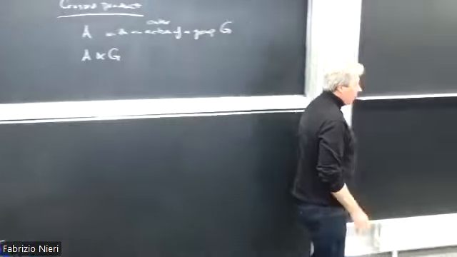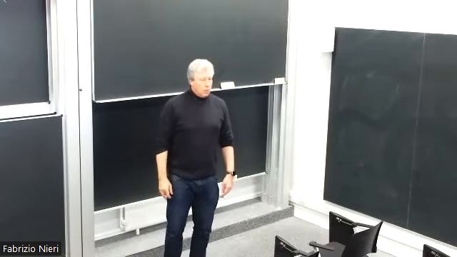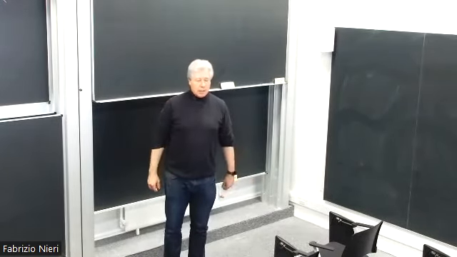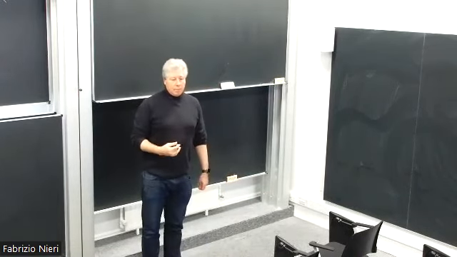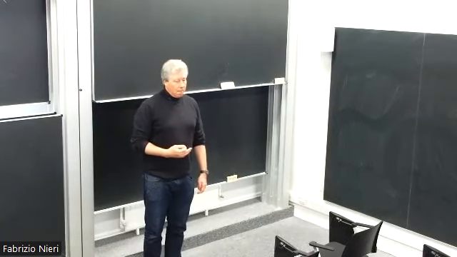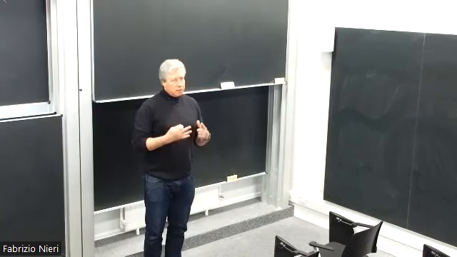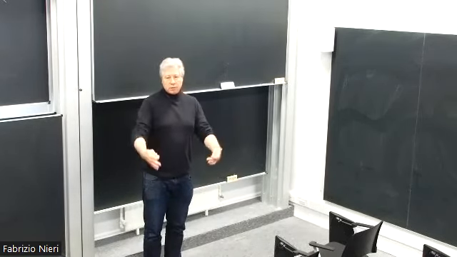If you then ask what is the space on which this is represented, then what you can think about intuitively is that I take the Hilbert space on which A acts, but I make it now into a set of states that are labeled by the group elements. I can namely act with the group elements on the states.